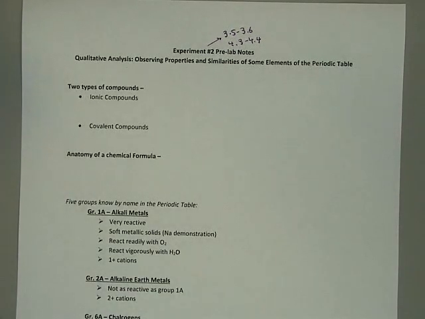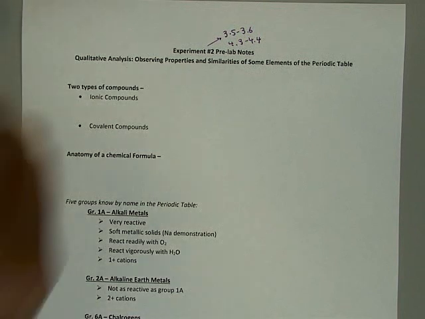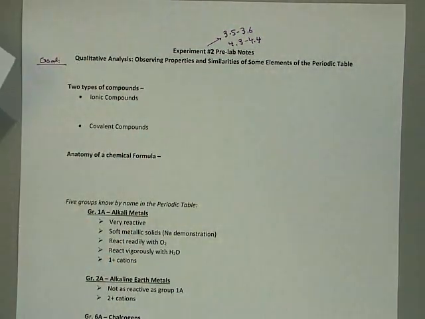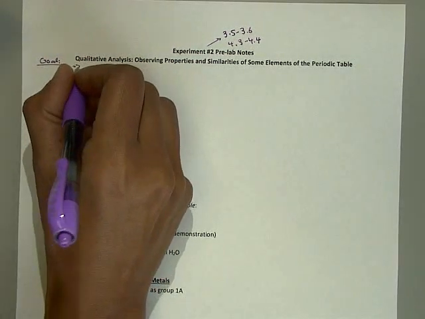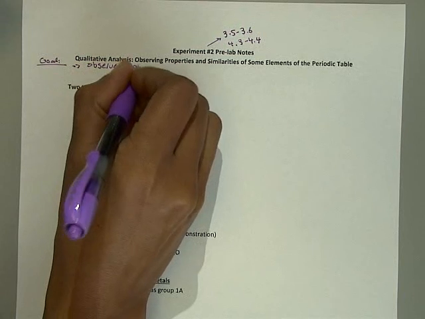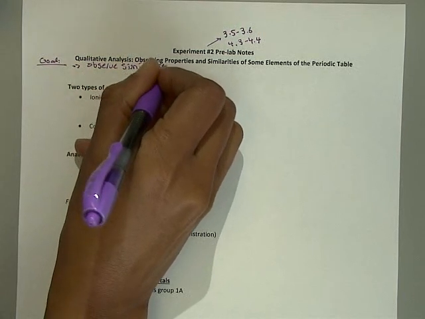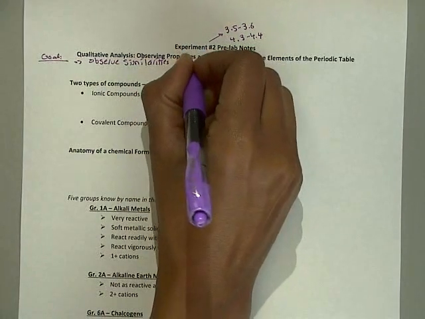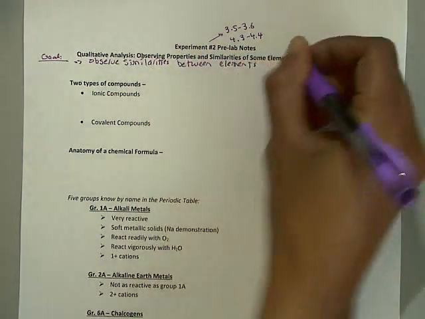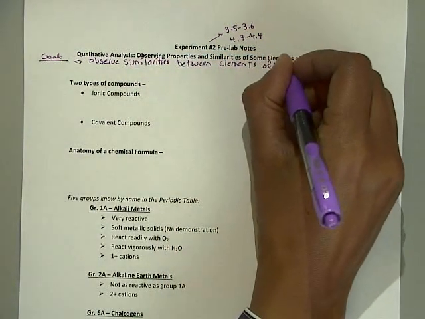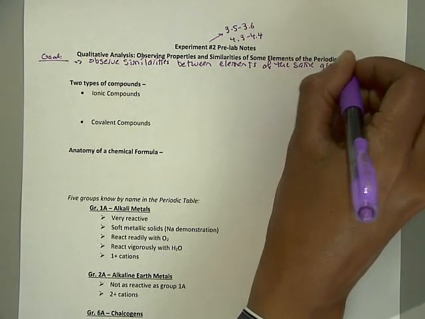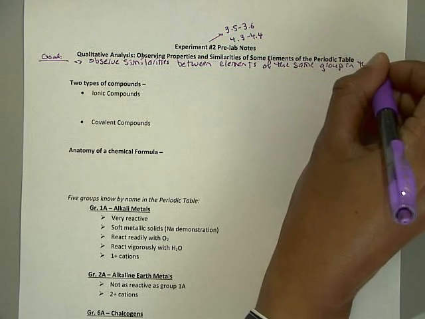So I have already read experiment 2 in its entirety, and I know that we have really two main goals for this experiment. One goal is to observe similarities between elements of the same group in the periodic table.